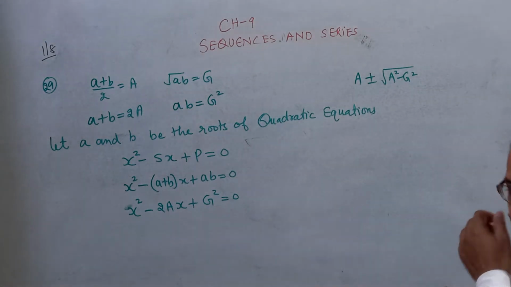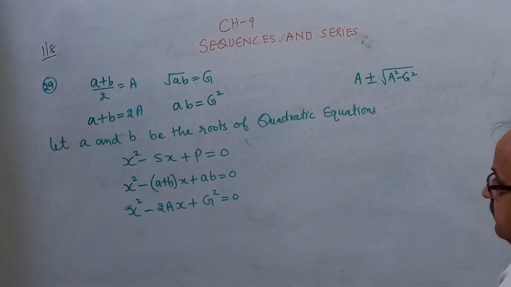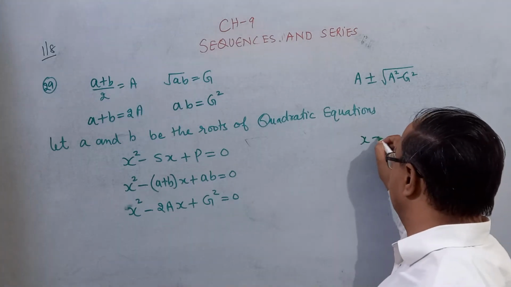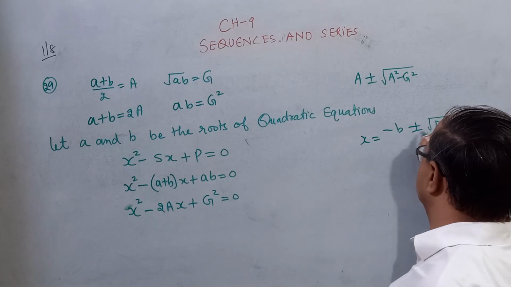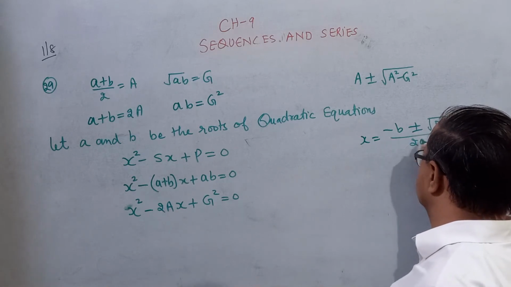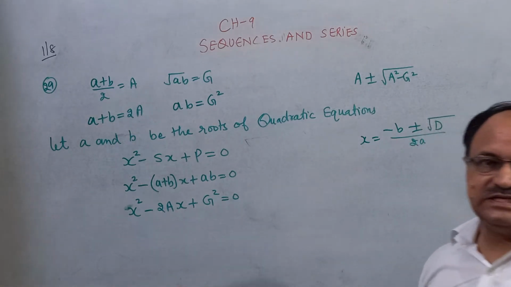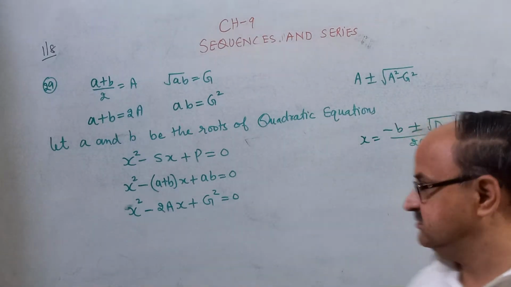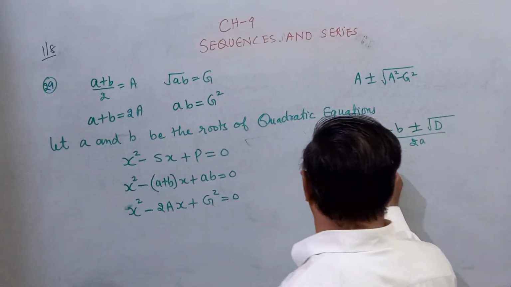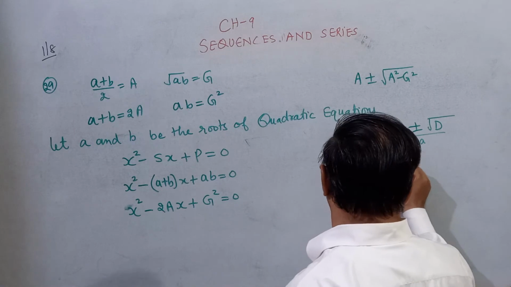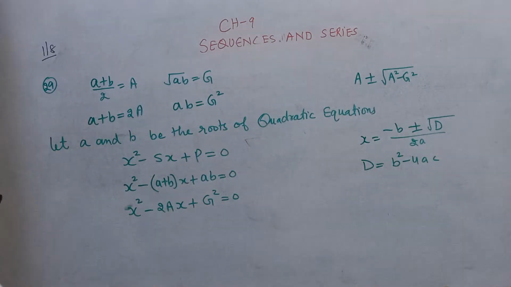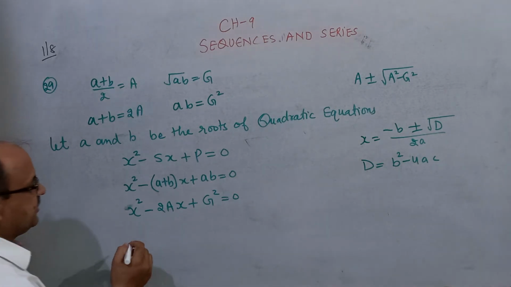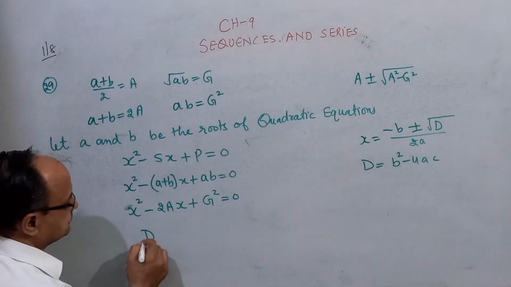For solving the quadratic equation, you know the formula very well: minus b plus minus root D upon 2a. That is Sridharacharya rule. And in this formula, what is D? Discriminant. You know that b square minus 4ac.